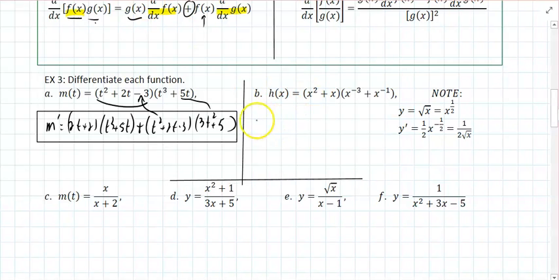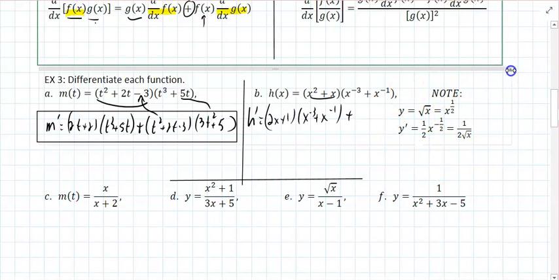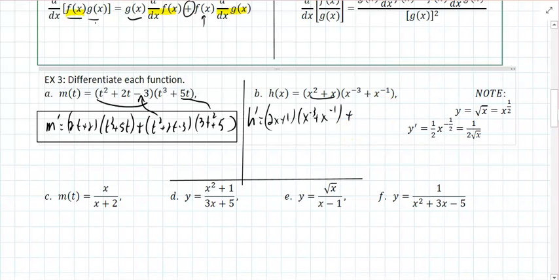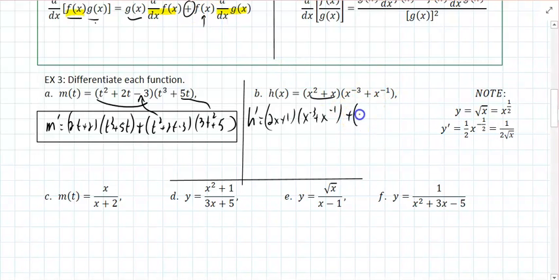And the same deal here. If I want to take a derivative of h, derivative of the first is 2x plus 1 times the second plus the first times derivative of the second.